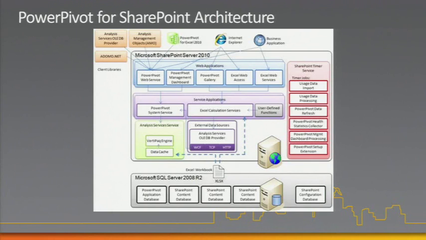But then you start to think about, hey, once we get this created, I want to push it up to SharePoint, and then I want it to refresh once an hour, or one of the things we're looking at is we want to do data dumps into Power Pivot. So different users are going to want different data, so we're going to want to change the query string in Power Pivot. At the current time, none of that is available.